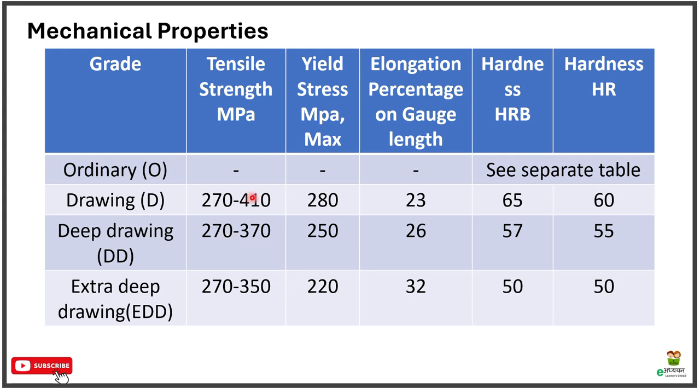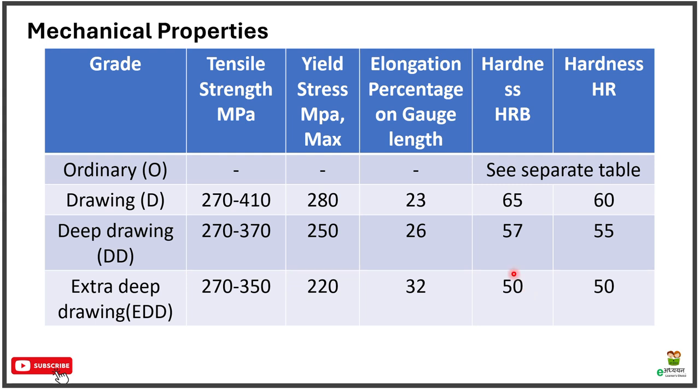Here the maximum tensile strength is getting reduced as we go for deep drawing quality and extra deep drawing quality. Also, yield stress is getting reduced. For DD it is 250 and in EDD it is 220. And percentage elongation is increasing, 26 to 32.